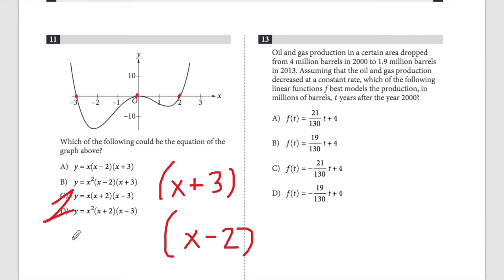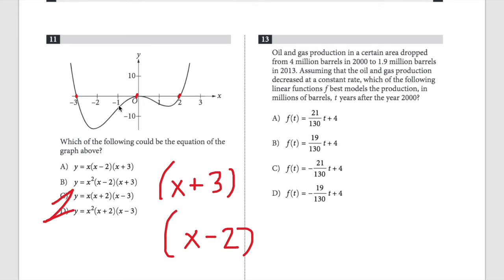And now let's say you're not really sure if it's x or if it's x squared, right? In my recommendation, I would just plug in a value. Let's plug in something that would actually be helpful.